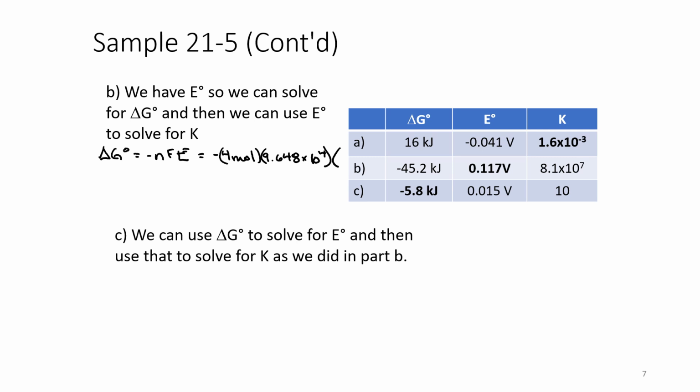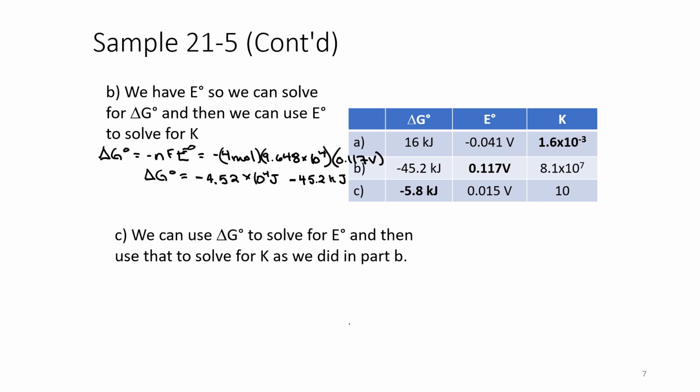Our E naught is 0.117 volts, which was given to us in the problem. So our delta G in this case is negative 4.52 times 10 to the 4th joules, which is negative 45.2 kilojoules.